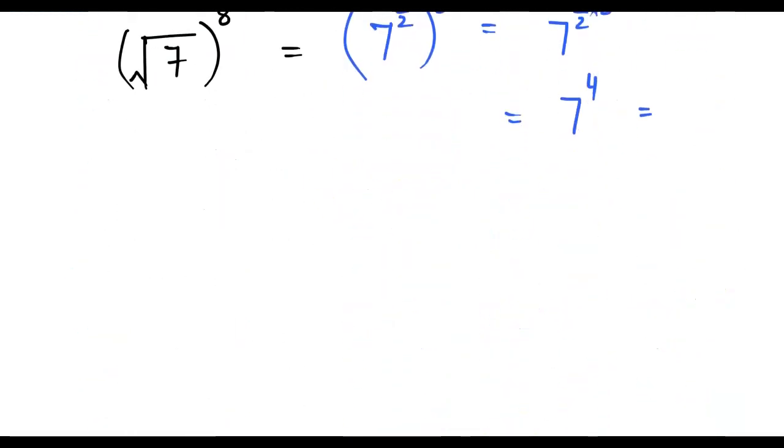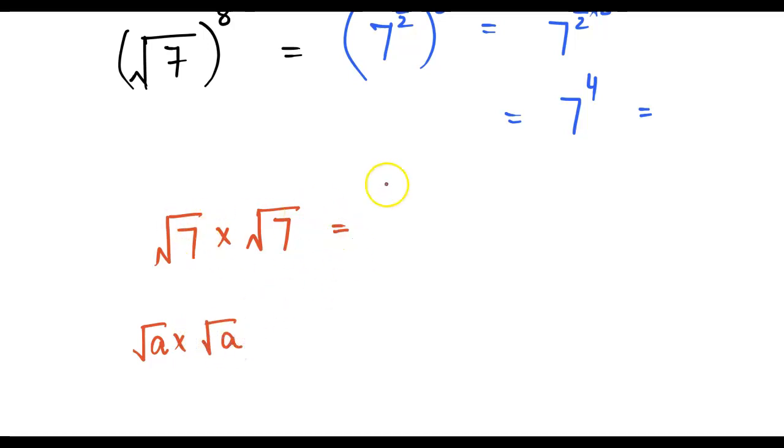One more very important thing over here is, what if we have square root 7 times square root 7? That means, in general, square root a times square root a. So what exactly is it? Square root 7 times square root 7 is square root 7 squared.